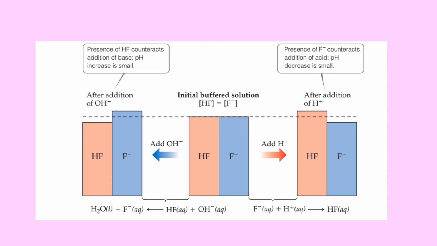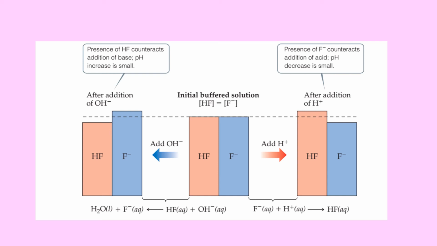The addition of hydroxide ion reduces the concentration of the hydrofluoric acid and slightly increases the fluoride ion concentration. While on the other hand, the addition of hydrogen ions reduces the concentration of the fluoride ions and slightly increases the concentration of the hydrofluoric acid.